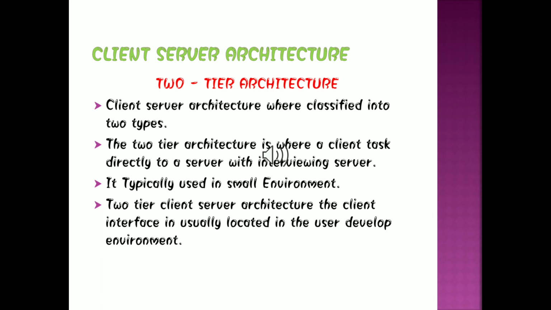The 2-tier architecture is basically ideal for small environments with a large amount of data. In the 2-tier client-server architecture, the interface is usually located in the user development environment, and the database management server contains the stored procedures and triggers.